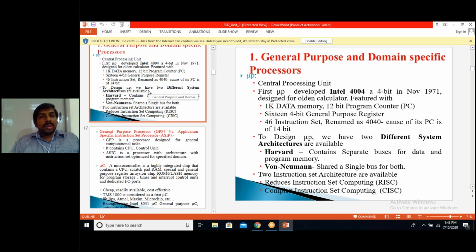So coming to general purpose domain specific, it is your microprocessor.